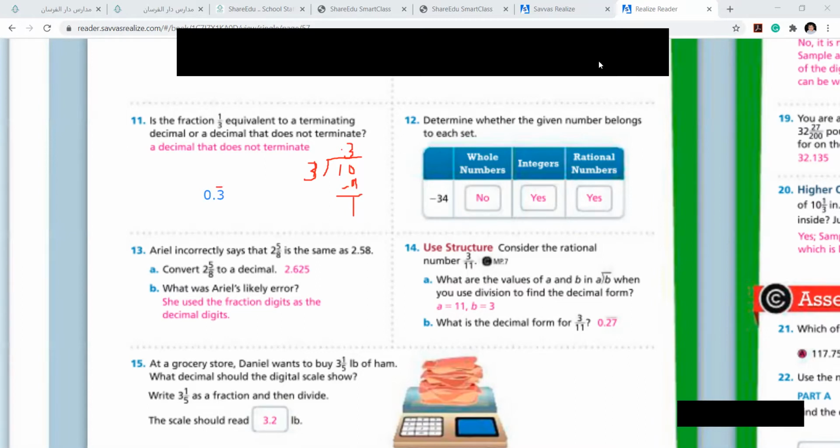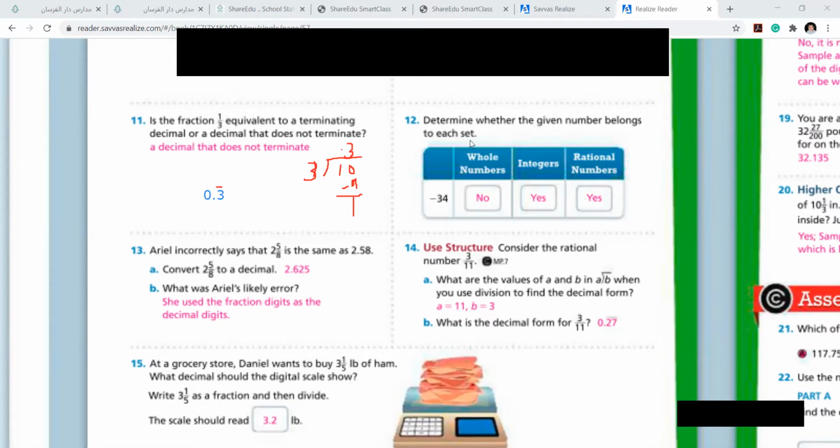Determine whether the given numbers belong to each set. Minus 34. Girls, is it a whole number? No, because a whole number is always positive, from 1 to infinity. Even 0 is not a whole number. Integers, yes. Because integers, I told you, have negative, 0 and positive. You can write it somewhere here with a pen.